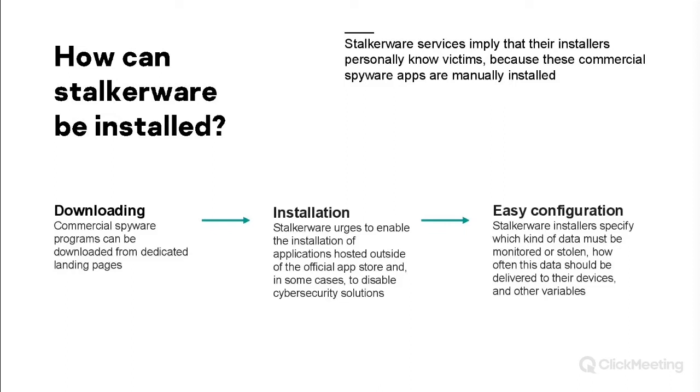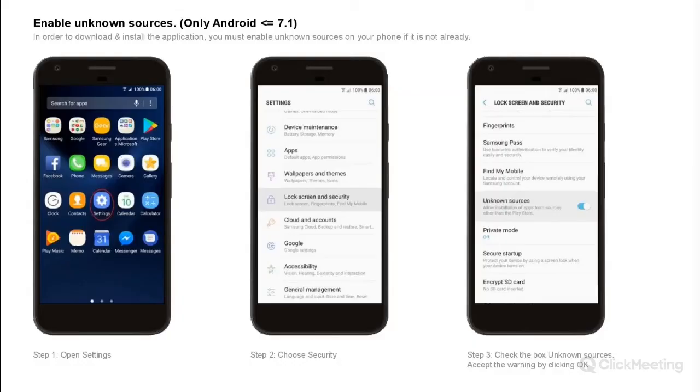And what I will do with you now is have a very detailed look, step by step, at how such stalkerware is really installed on the phone, because it's really not such rocket science as it may sound in the beginning.